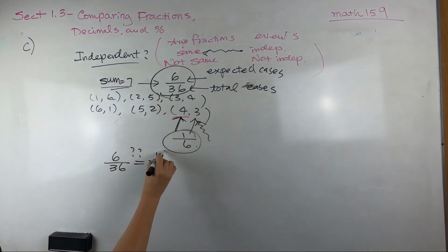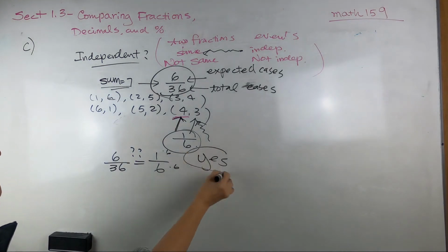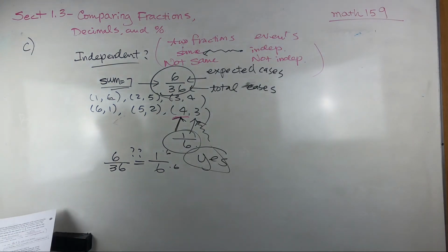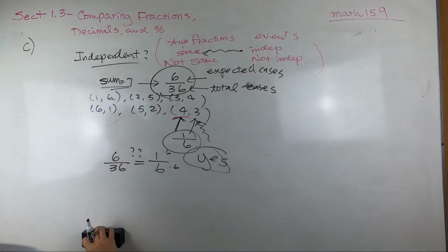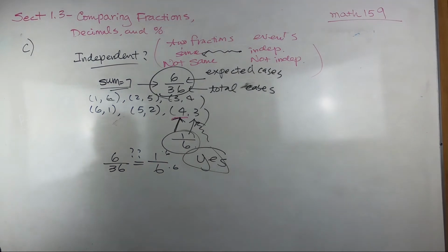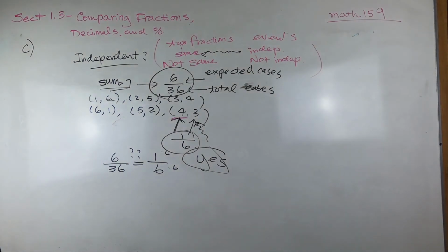If you multiply by 6, they are the same. Yes, they are the same. That means the conclusion is that the events are independent.